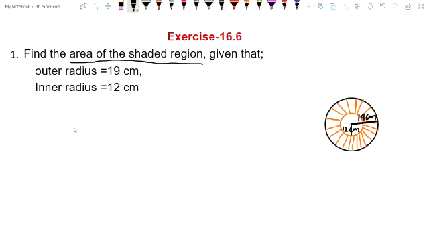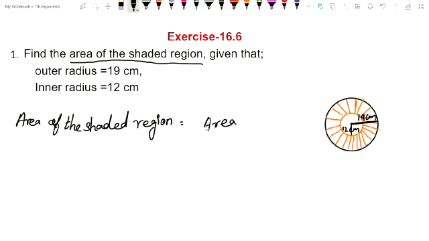So how am I going to find it? Area of the shaded region equals area of the outer circle minus area of the inner circle.